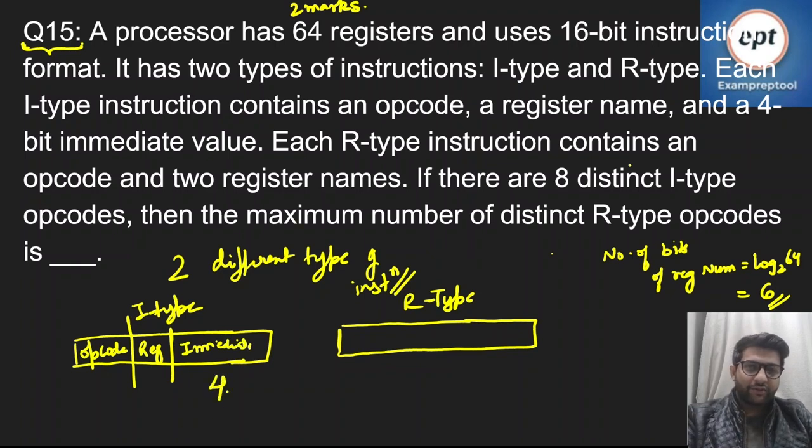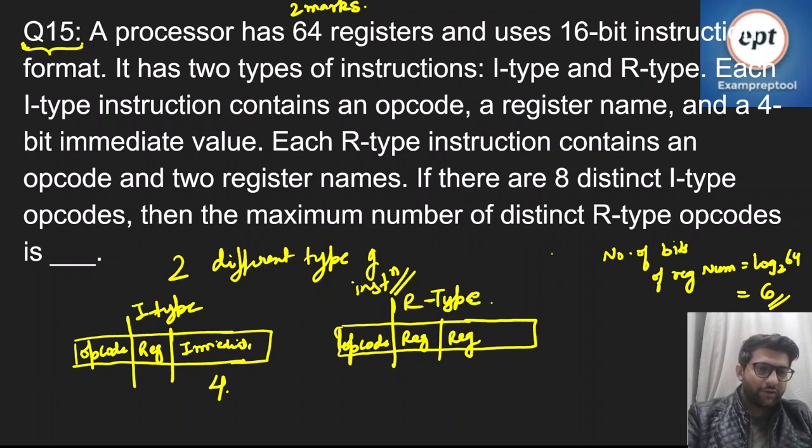And each R type instruction contains an opcode. So for R type, the format is opcode, then 2 register names, and that's it. So the format is like this for R type instructions, right? We have already calculated the number of bits for register number. Register name is 6. So 6 here, and 6 here, right?